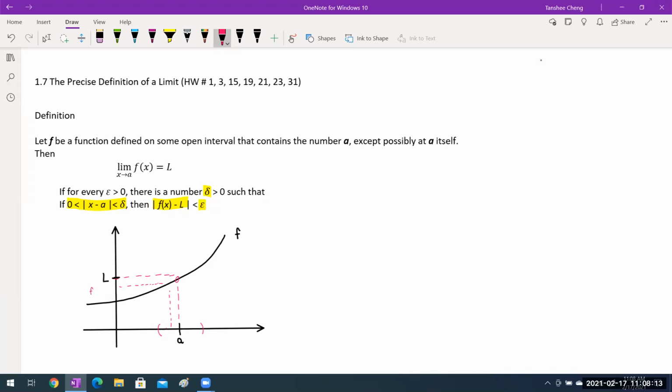This is my function value at a certain x that we just chose. And the distance between this function value and the limit must be a very, very tiny number. Another way of saying it is, as x approaches a, very, very close to a, the function value that we computed with that x value is very, very close to the limit that we are trying to approach.